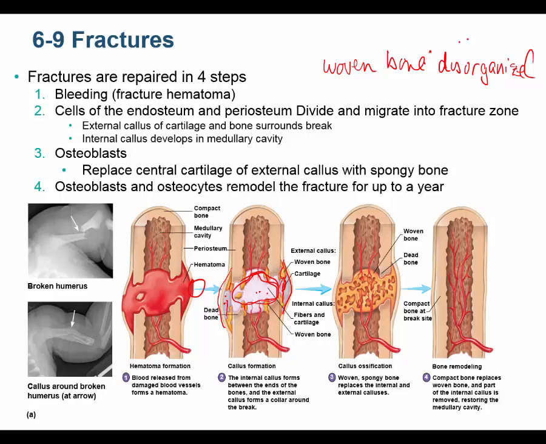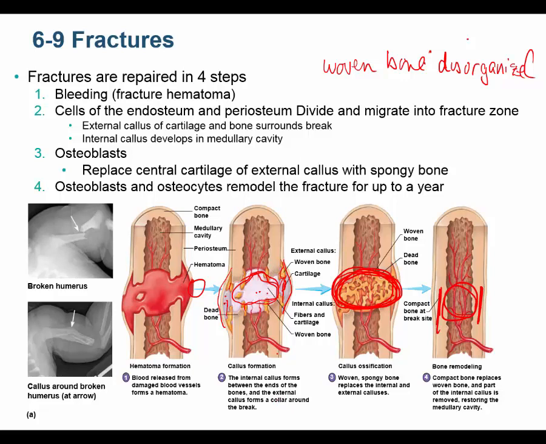All right. Now, what happens next is the osteoblast comes in here and replaces my woven bone with spongy bone. That's what we're doing right here. We're replacing woven bone with spongy bone. And then I remodel that to keep the spongy in the center and the compact or dense in my periphery.